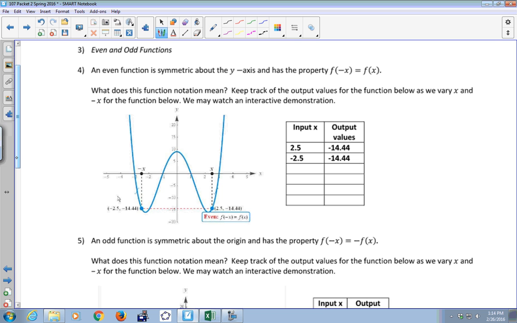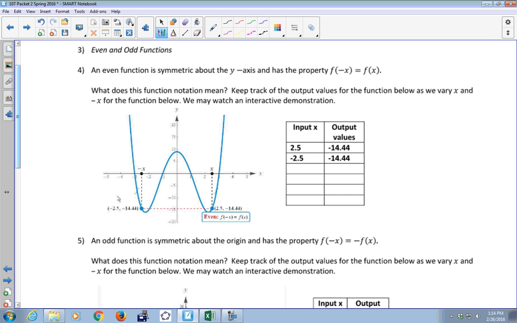Okay, even and odd functions. An even function is a function that has symmetry about the y-axis. So if you look at its graph, that means that if you fold it over the y-axis, the two halves look the same, right?